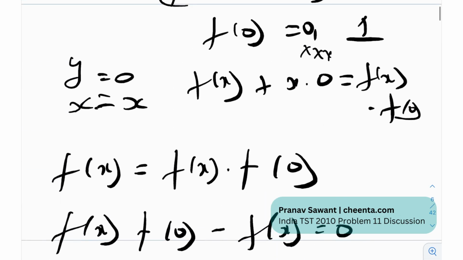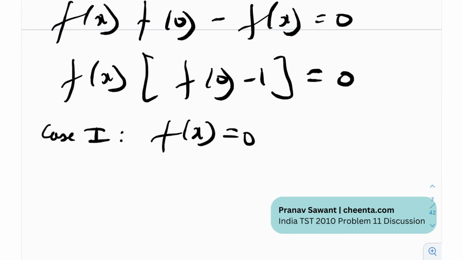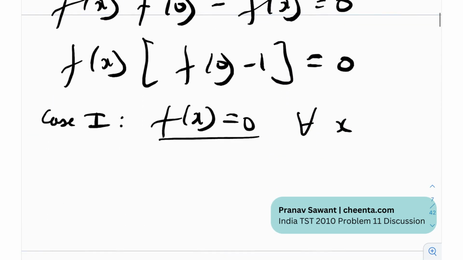So this can actually hold true, but that would hold true only and only if the entire f of x is 0 for all x. Right? This is for all x, by the way. So then automatically f of 0 would become 0, right? So f of 0 would be 0 if f of x is 0 for all x. Essentially, f of x is a constant function.